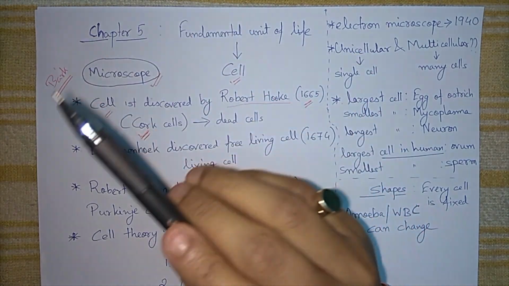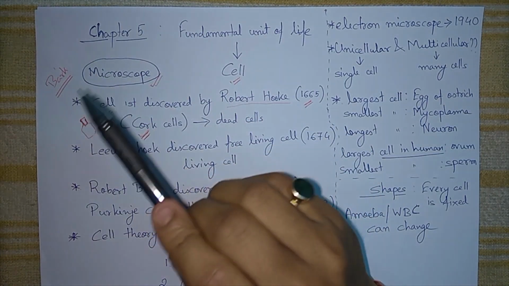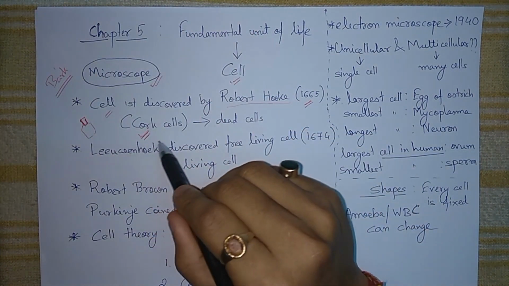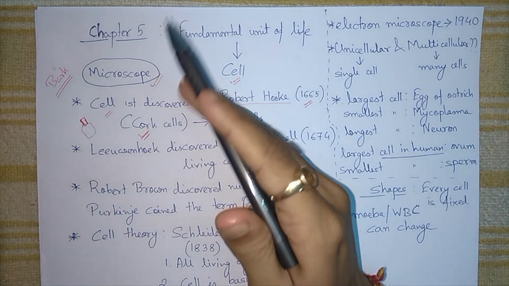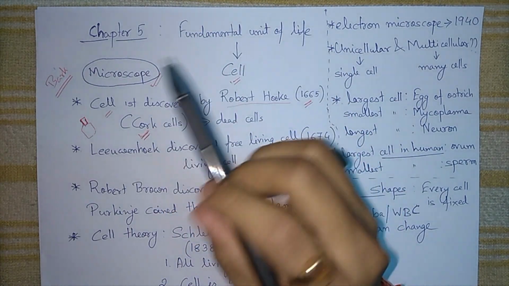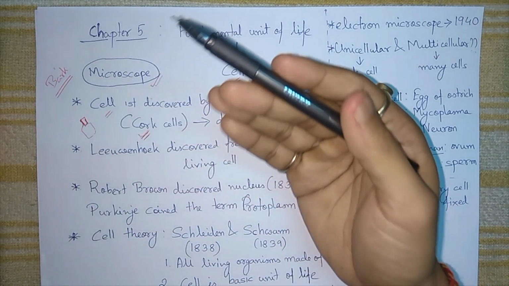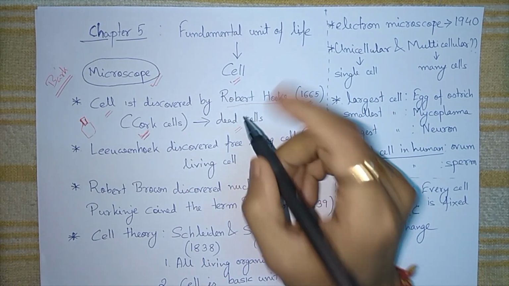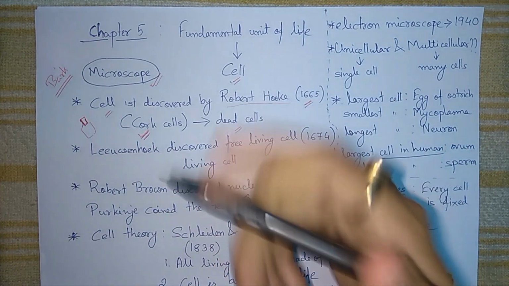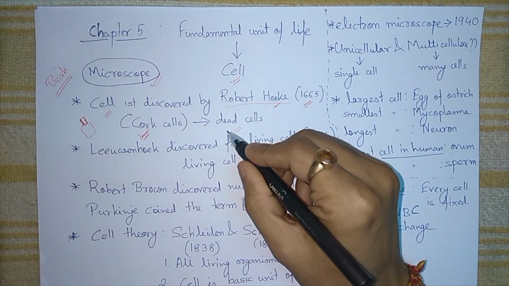Remember, plants have bark, and the cells present in bark are dead. Cork is derived from the bark part of the plant. So if the bark cells are dead cells, that means cork cells are also dead cells. So we can conclude that Robert Hooke discovered cells, but those cells were dead.